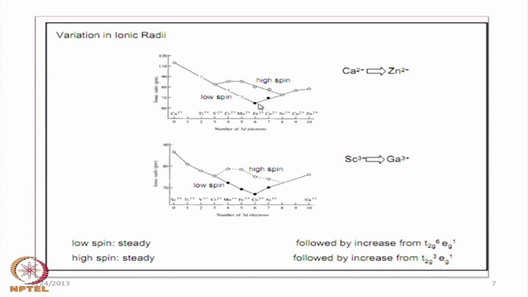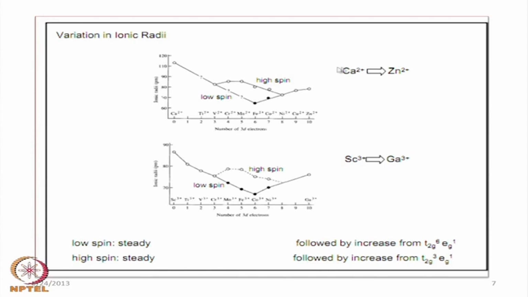Here it is half occupancy, then full occupancy of the T2G set, and it decreases steadily up to this configuration of T2G6. Then again it will increase for nickel, zinc and all these.